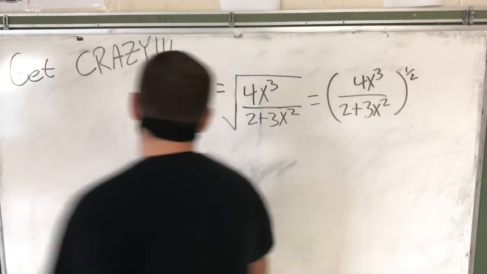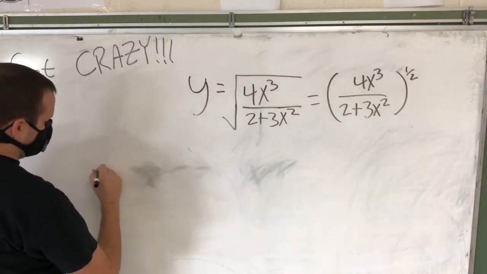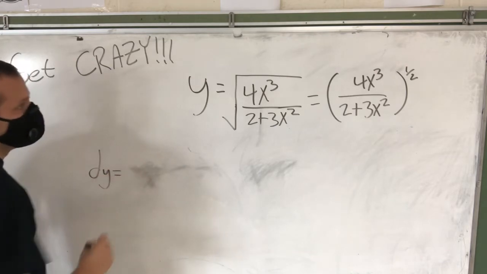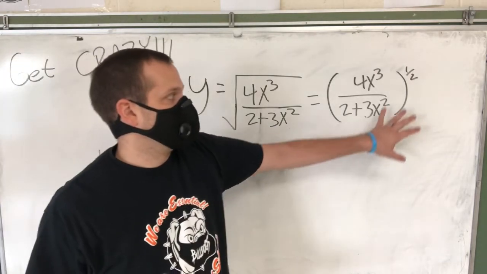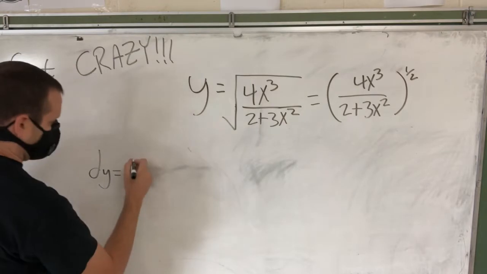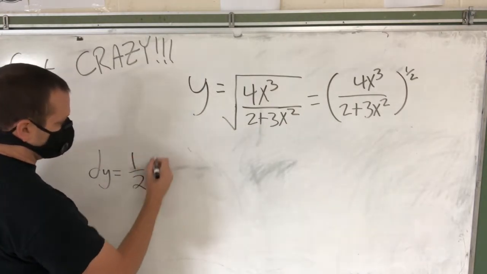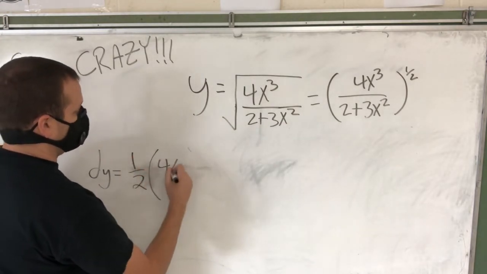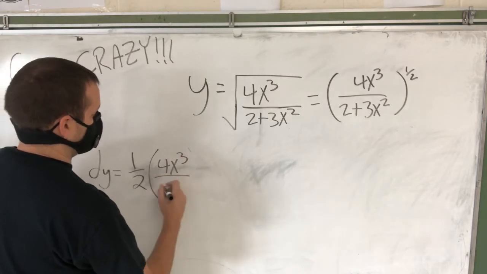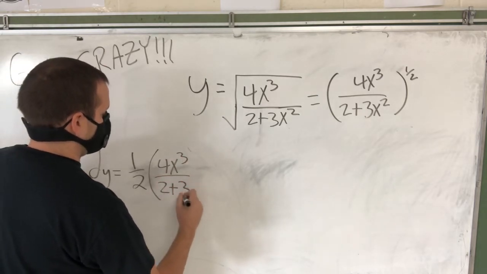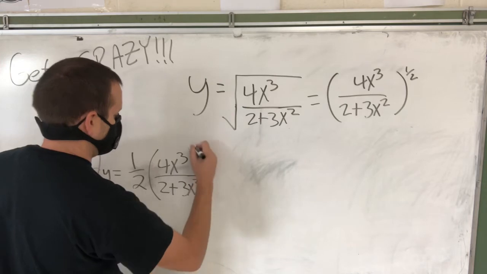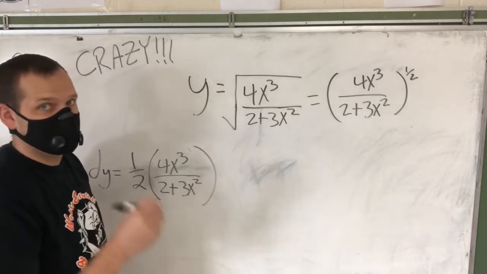So when I take the derivative and I get dy, well, I'm going to bring the 1/2 down. That's part of the chain rule. 4x cubed over 2 plus 3x squared, okay, to the what power? -1/2.